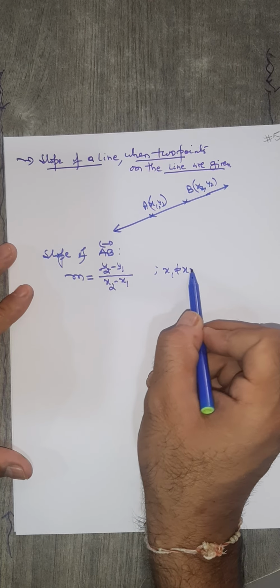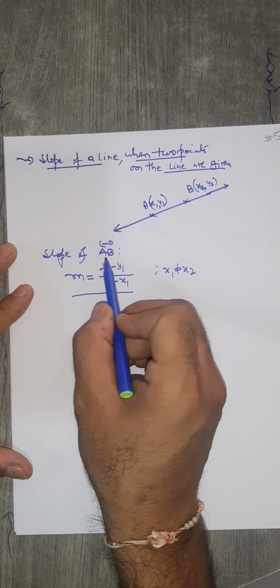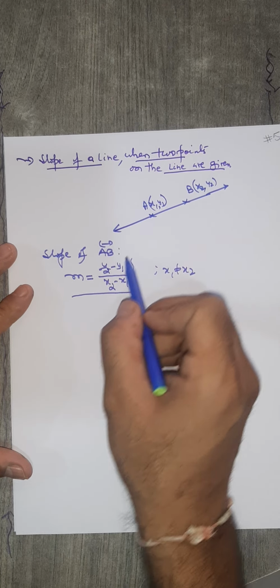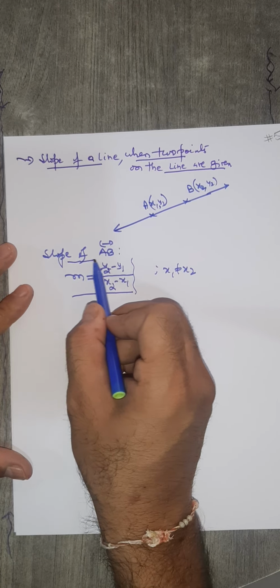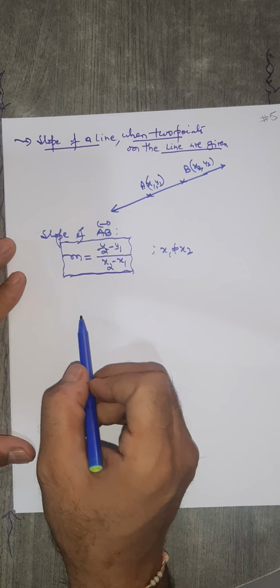This is a formula to get the slope. It is just tan theta if you form a right angle triangle here. If I form a right angle triangle here, tan theta will be this. We are not getting into that proof, but this is another way of defining the slope.